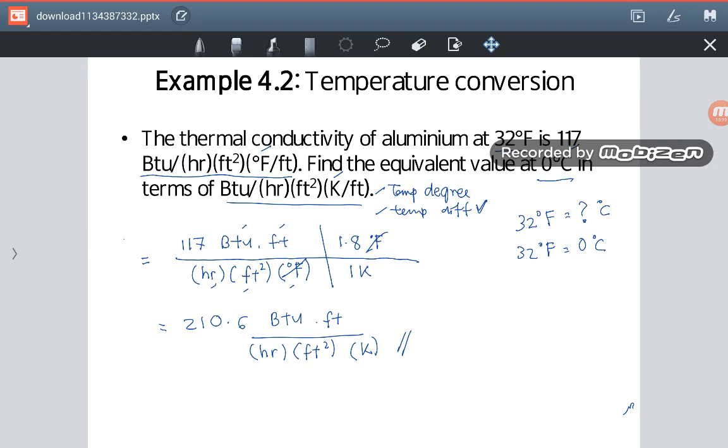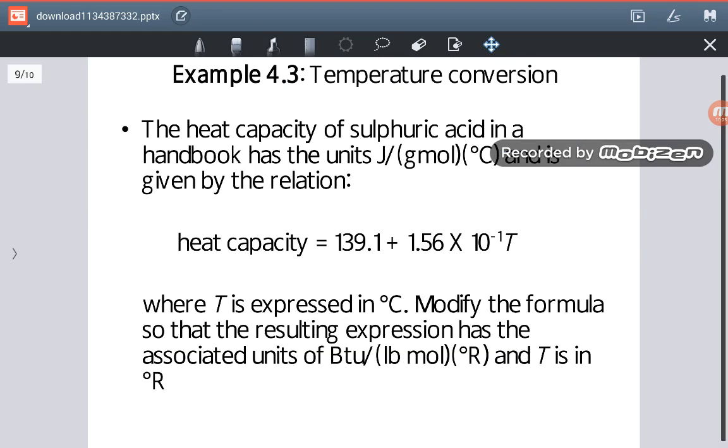So let's just go to another example. This is a bit long example here, but it's okay, we're going to do it together. The heat capacity of sulfuric acid in a handbook has the unit of joule per gram mole degree Celsius and is given by the relation here.